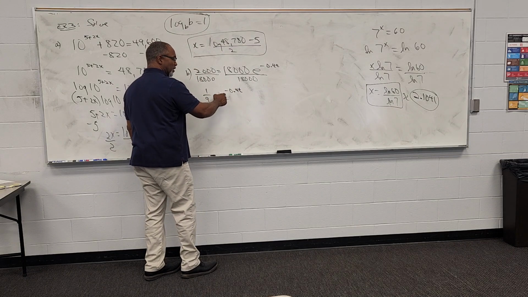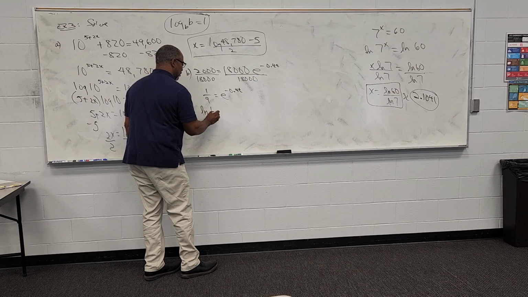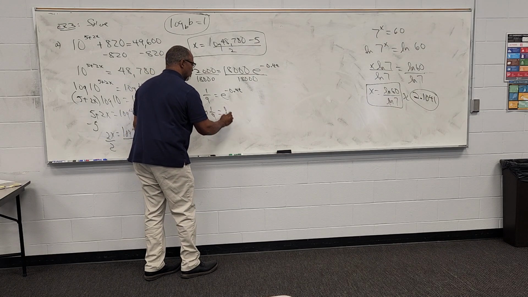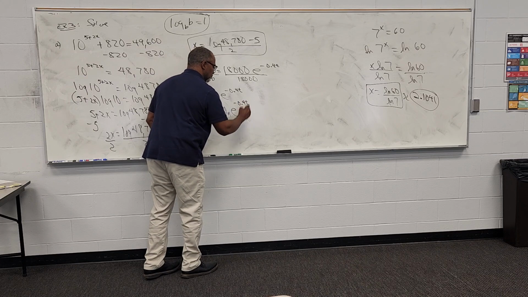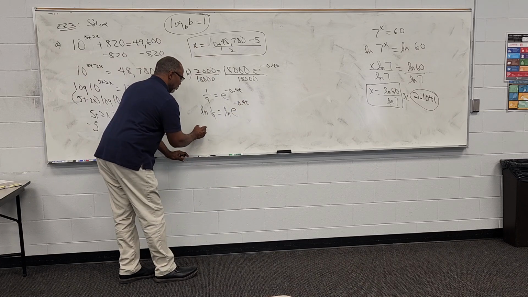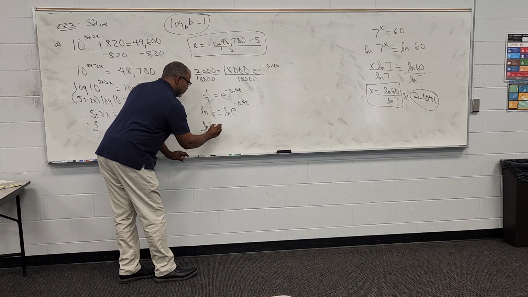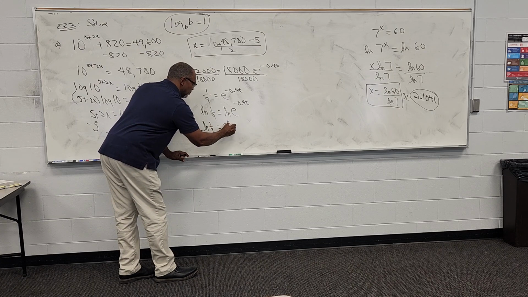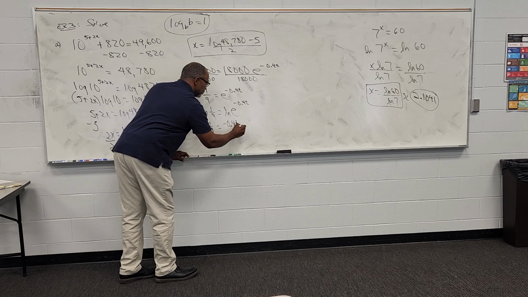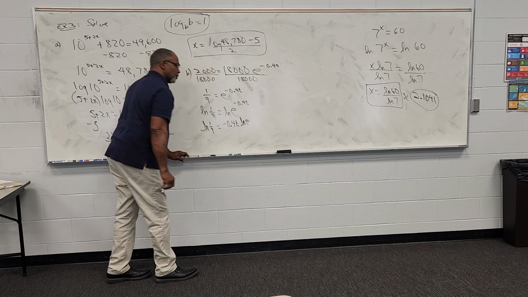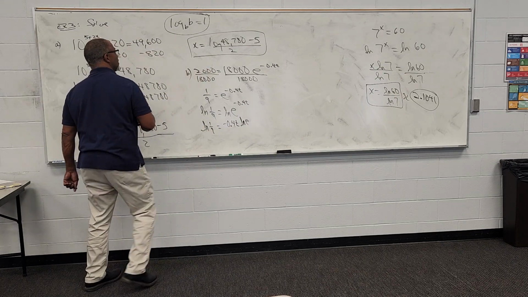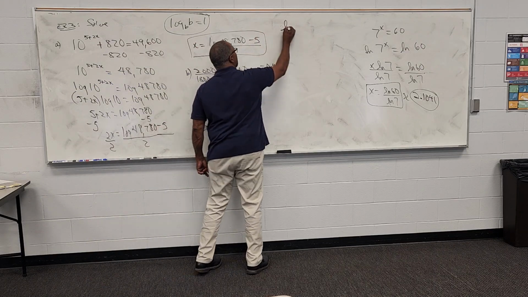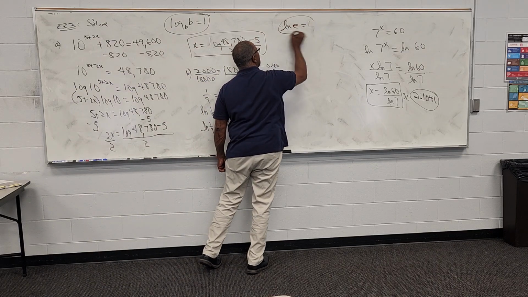Now, my base is e, so this time I'm going to take the natural log of both sides. When I do that, I'll get ln of 1/9 equals, that exponent comes down. Now, take your calculator. ln of e, that's 1.